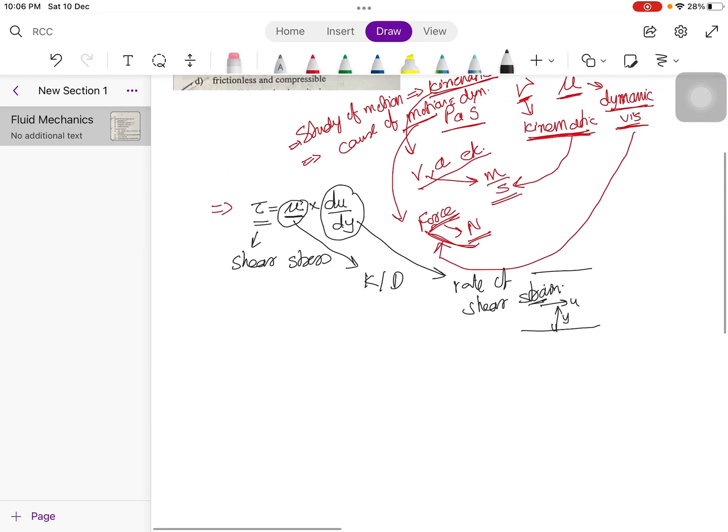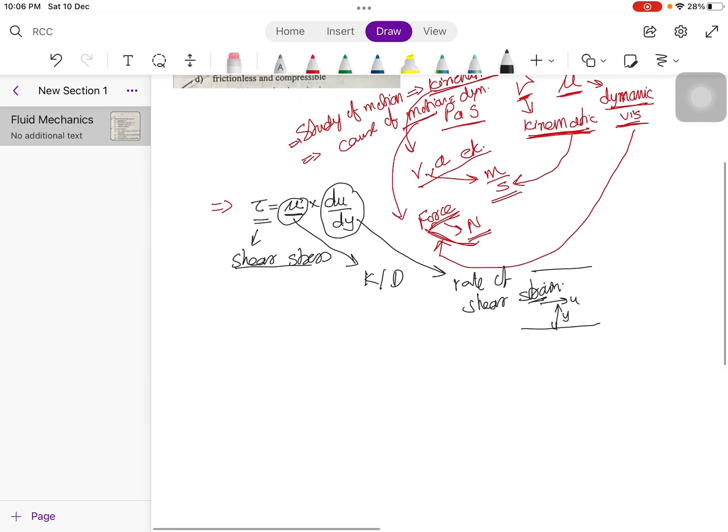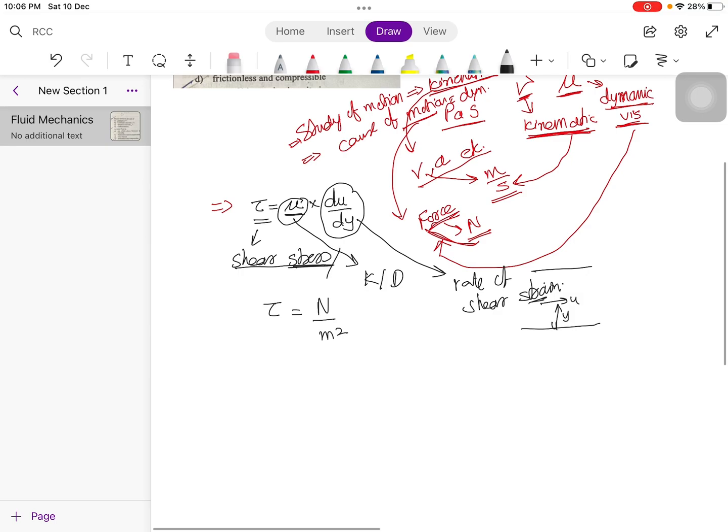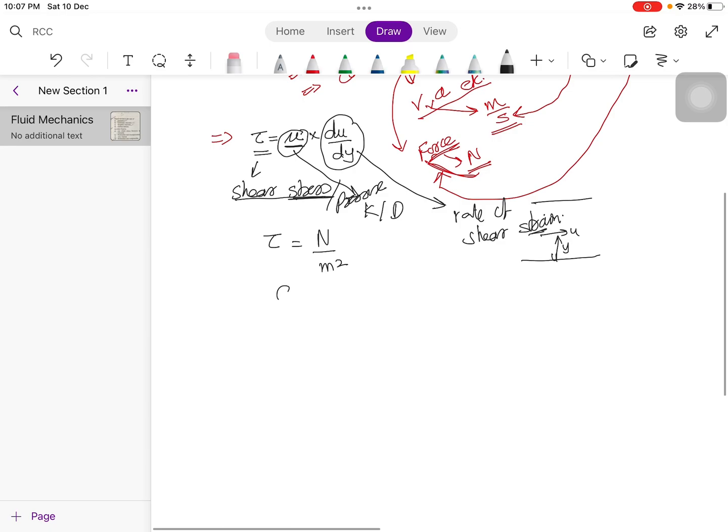Now, shear stress or tau is Newton per meter square. The unit of stress is same as that of the unit of pressure. And du by dy, like I said, is a velocity gradient. So du is velocity.